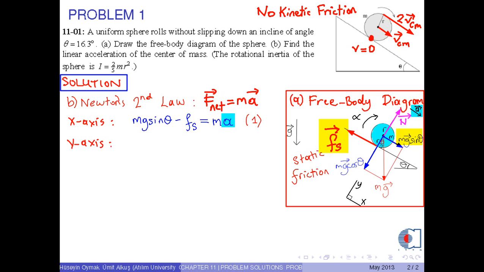In the y-axis, we have N minus m g cosine theta equal to m times 0, since there is no motion in the y-axis. Therefore, N equals m g cosine theta.